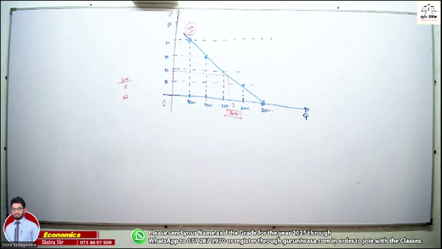Did you get the 1600? More than that or less than that? When you mark the point on the diagram, more than that.